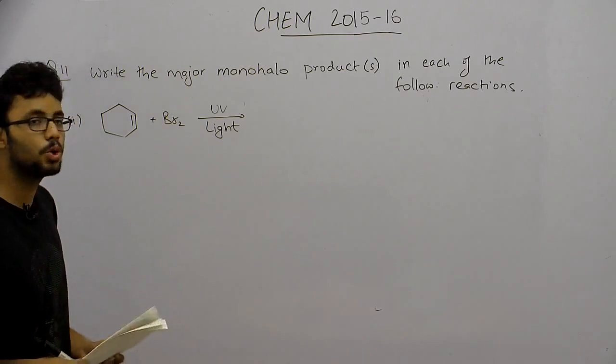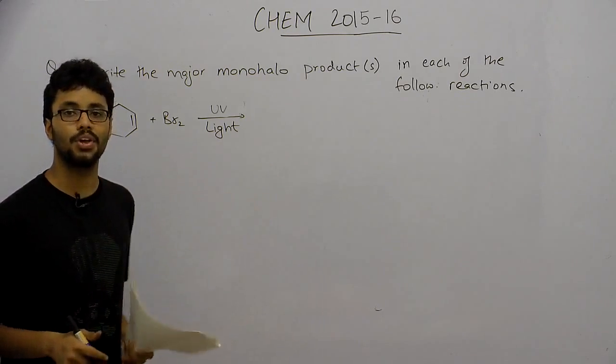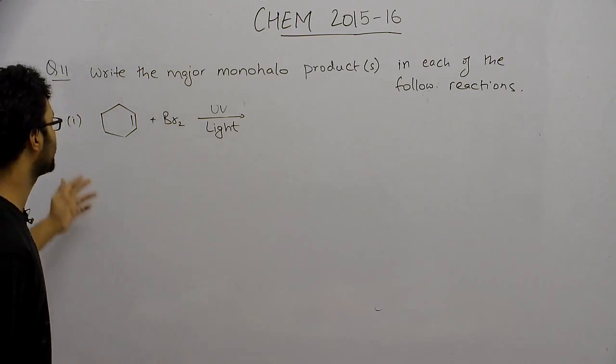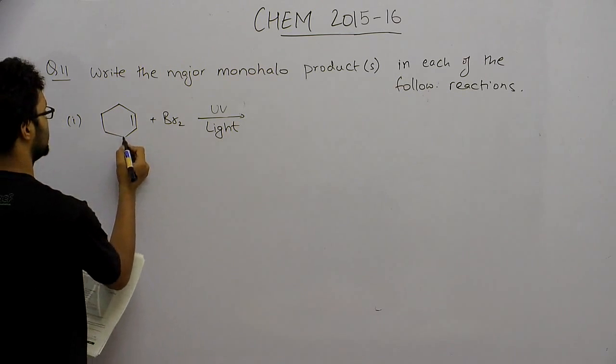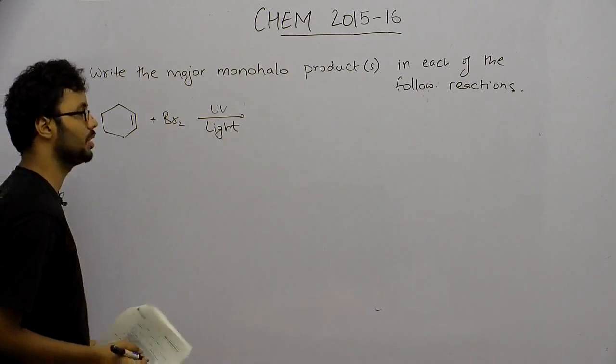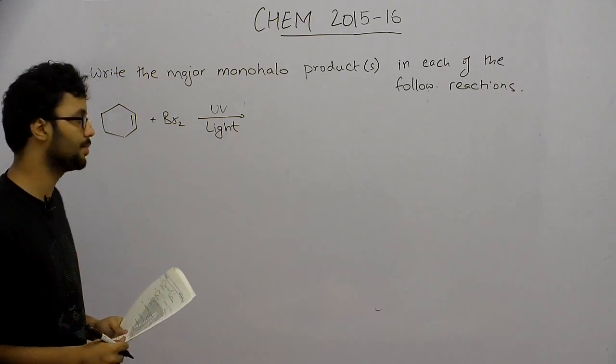Write the major mono-halo product in each of the following reactions. The first part is this plus Br2 in UV light.